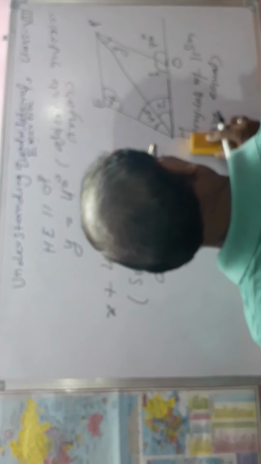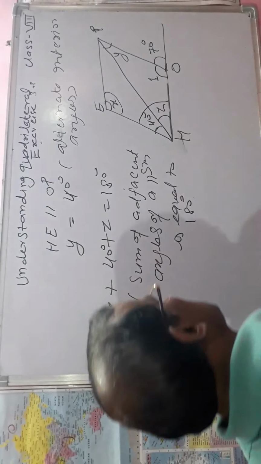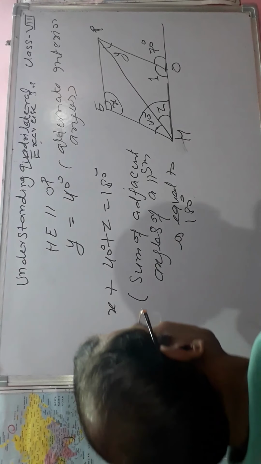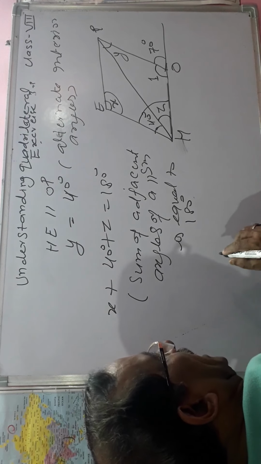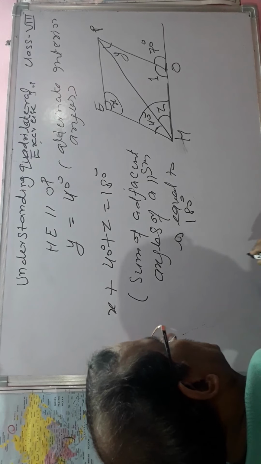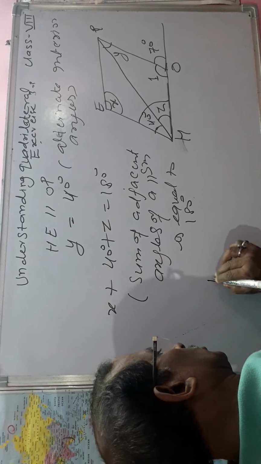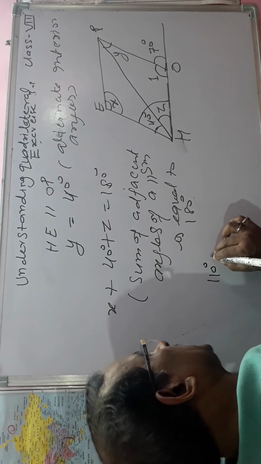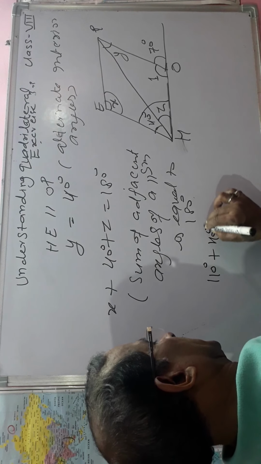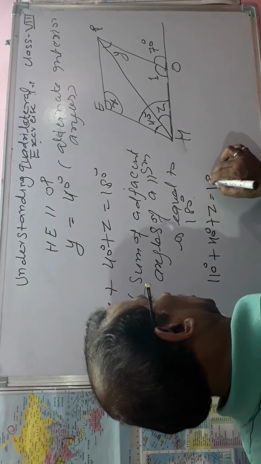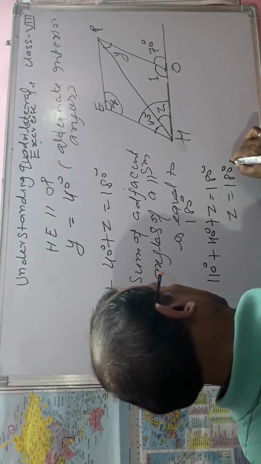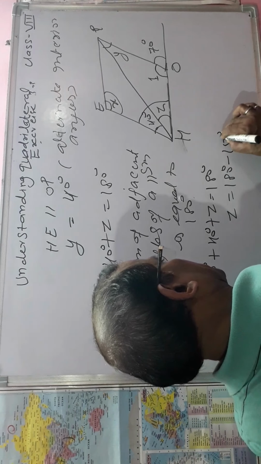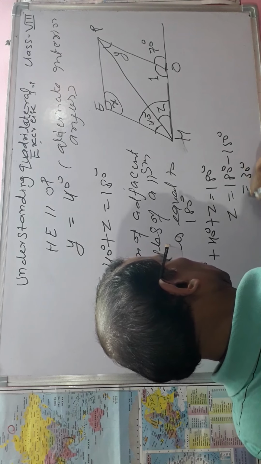Now x plus 40 degree, in place of x we put 110 degree, plus 40 degree plus z is equal to 180 degree. Angle z is equal to 180 degree minus 150 degree is equal to 30 degree.